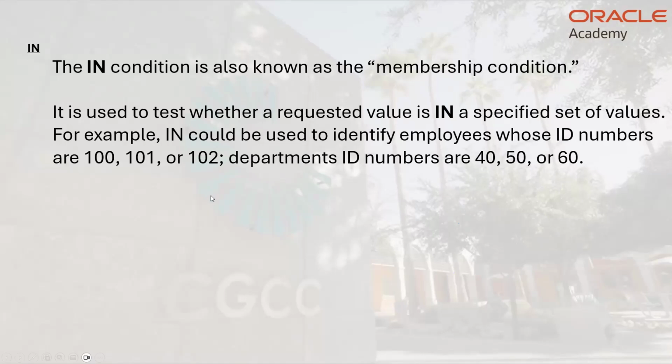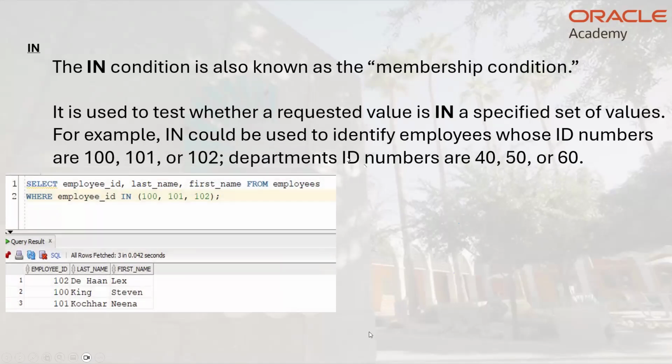So for example, IN could be useful to identify employees whose ID numbers are in this list of employees, 100, 101, or 102, and departments whose ID numbers are 40, 50, or 60. The way that we do this, you see here: select employee ID, last name, first name from employees where employee ID IN, and then you have to provide a list separated by commas.